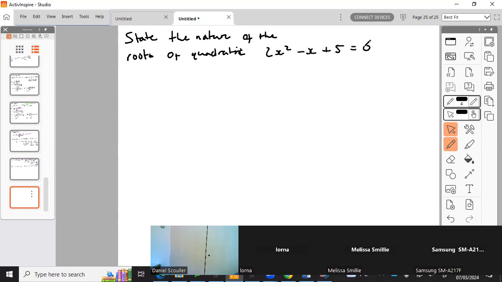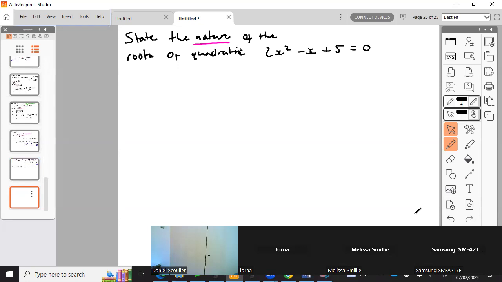It's not asking you to work out the roots, it's asking you to work out the nature of the roots. That is asking you whether the roots exist or not. That is asking you to use the discriminant to see if they're actually going to be roots.